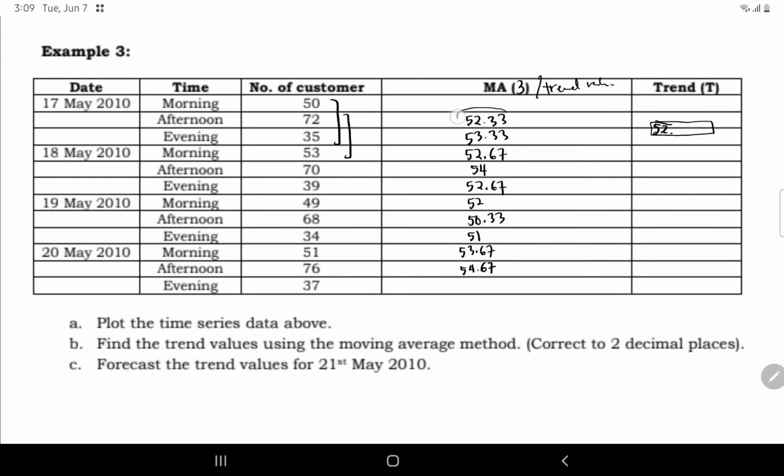Sebab jawapan dia kita dah dapat dekat sini. Ini adalah trend value untuk afternoon. Ini adalah trend value untuk evening of 17 May. Okay, ini adalah trend value untuk morning 18 May. Okay, different from the previous example tadi. Sekejap saya patah balik.